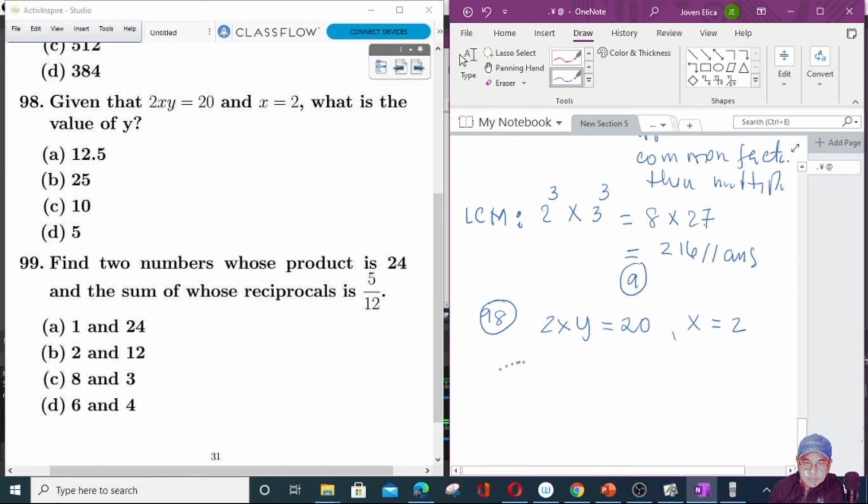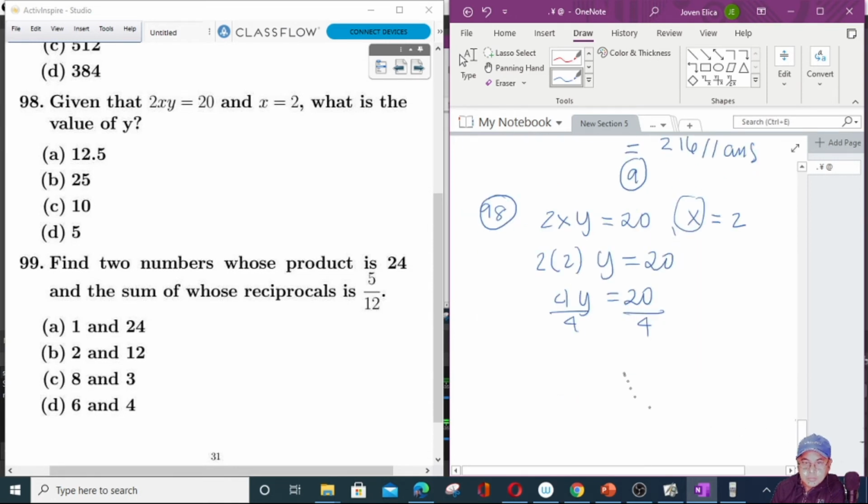So very simple, just substitute x into this equation. So 2 multiplied by 2 times y is equal to 20. 4 times y is equal to 20. Divide both sides by 4. The value of y is equal to 5.